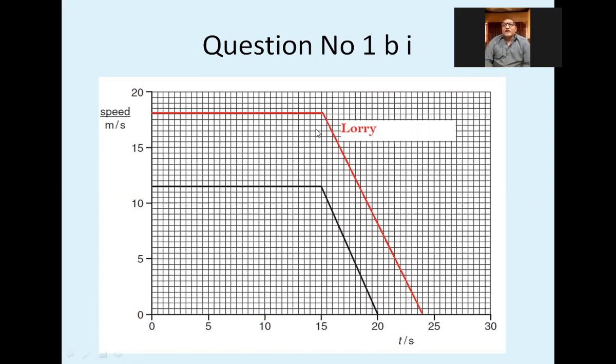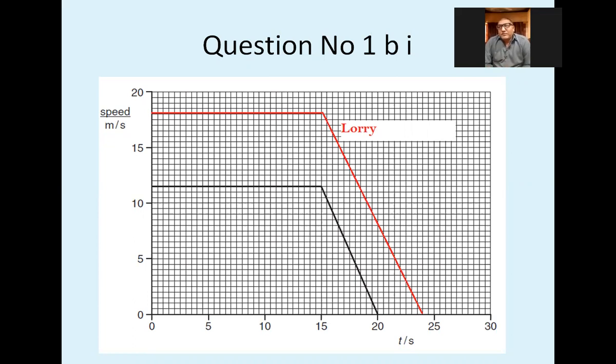So clearly on the graph, we can see that the area under the speed time graph after 15 seconds for the lorry is greater compared to the distance traveled by the car after 15 seconds when the brakes have been applied. The distance traveled by the lorry is greater because the area under the speed time graph is greater.